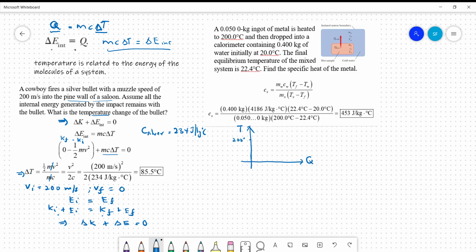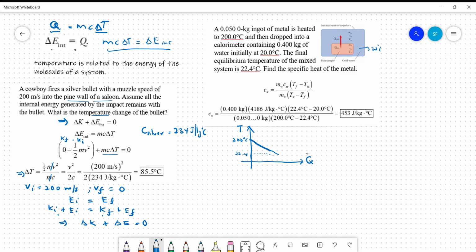Once we put it in water initially at 20 degrees Celsius, the metal will release energy and transfer heat to the water. So when it releases heat, its temperature will decrease, until the final equilibrium temperature of the mixed system, 22.4, as stated in the second sentence.